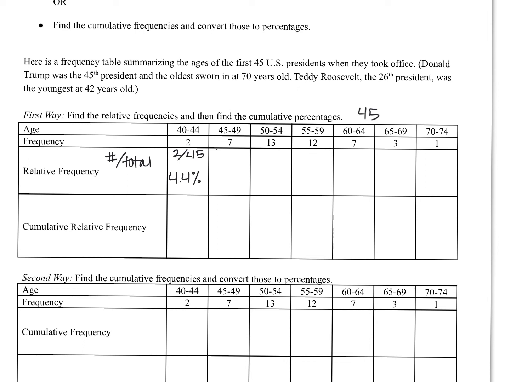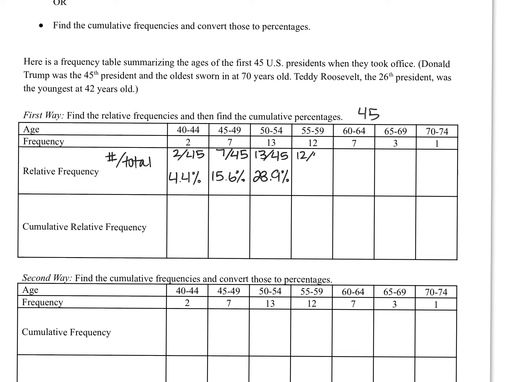My next one is 7 out of 45, which is 15.6%. Next we have 13 out of 45, which is 28.9%.